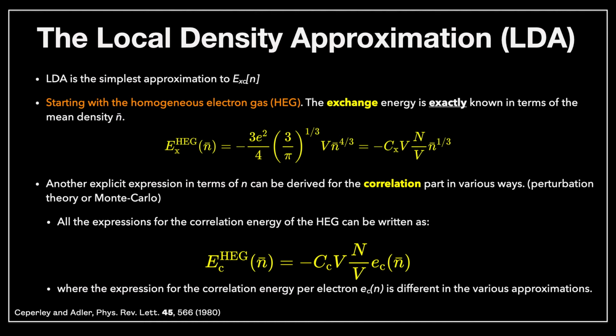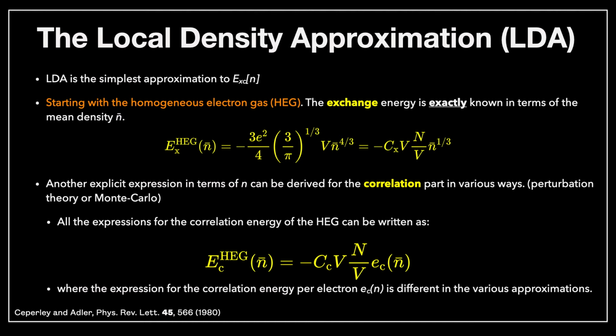So people have been calculating this for years using accurate or exact methods, and one of them is the quantum Monte Carlo approach, like from Ceperley and Alder, which is one of the most popular approaches to calculating this. So basically what happens is that it was calculated and parameterized very accurately more than 40 years ago, and this is still what is used for LDA.